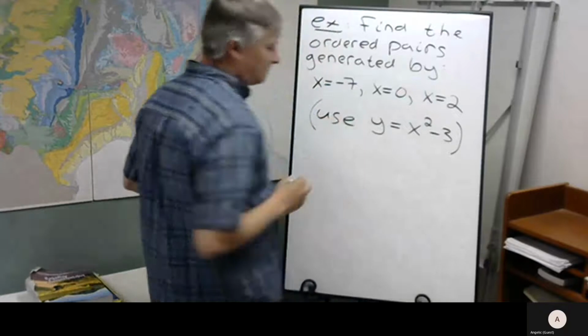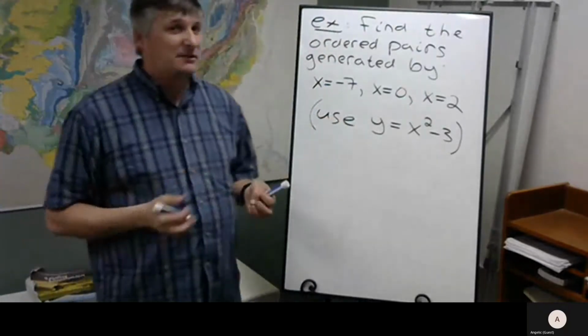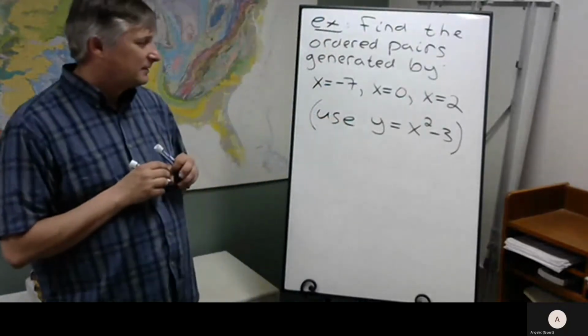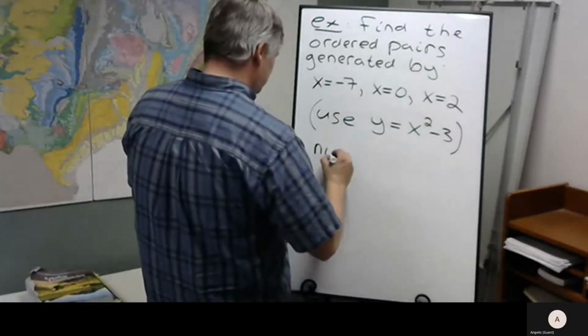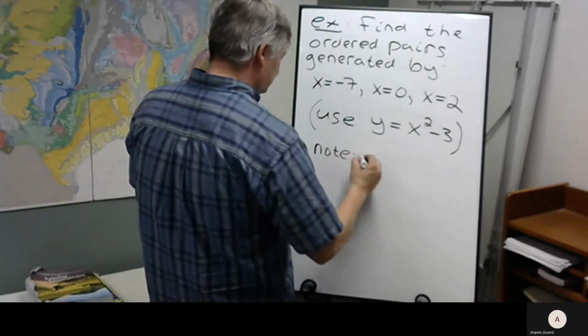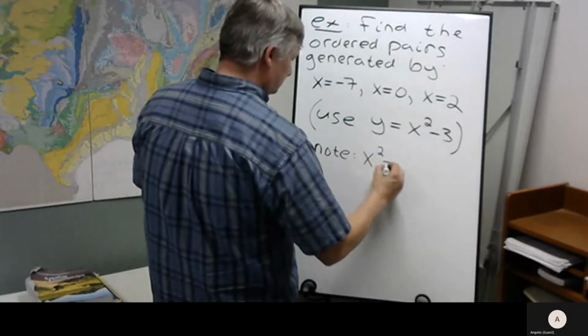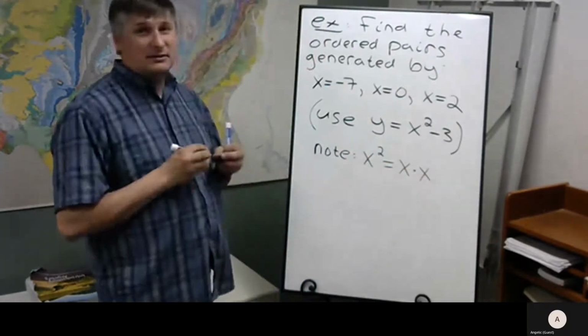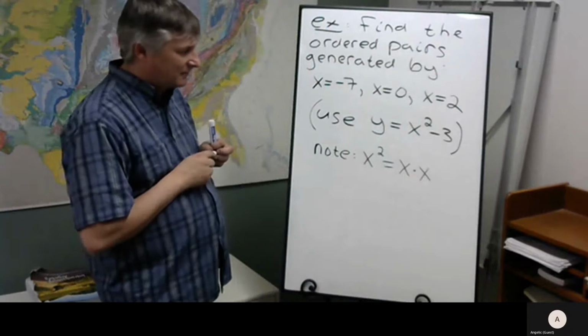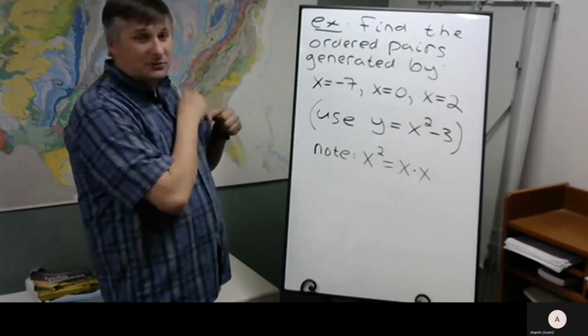We get a little fancy here. So again, x squared, it's x times x. So that's going to be your x squared.